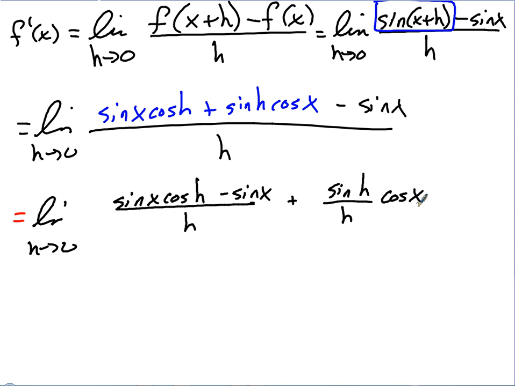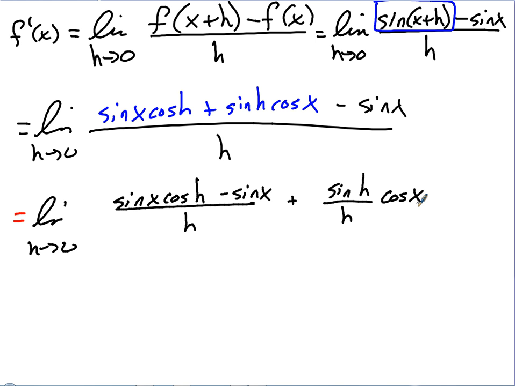Are there any h's in that cosine x? So it's just cosine x, right? Because we're evaluating the limit as h approaches a value, any other variable is unaffected. We're not worried about the other variables. As far as the limit is concerned, they are really constants. The limit is only acting on the h's. So this is going to be unaffected, right? But that looks pretty familiar, doesn't it?